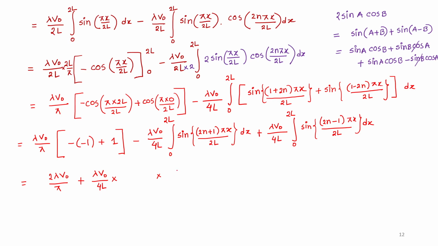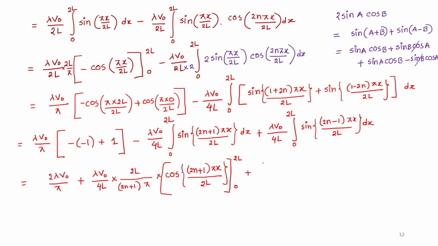So it will become plus. So we have cos(2n plus 1) pi x by 2L, and we'll have the limit 2L to 0, right? And the constant term we'll write now, that is 2L divided by (2n plus 1) pi.